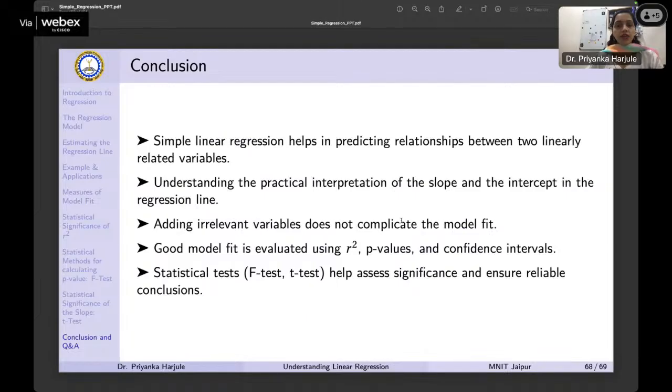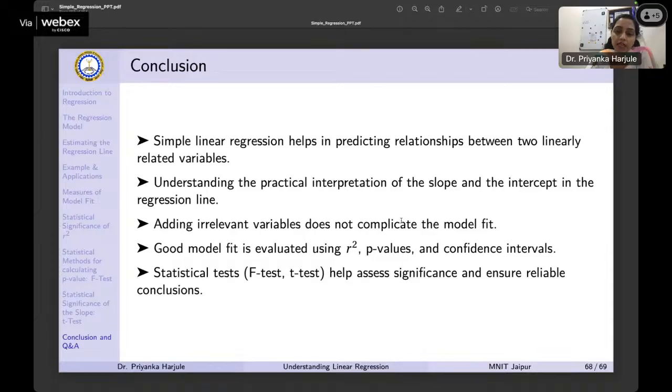And what we learned has been summarized in this slide, that we tried to understand the relation between dependent and independent variables. We saw the practical interpretations of the slope and the various slopes and the intercepts in the line, and how adding irrelevant variables does not affect the reliability of the model.